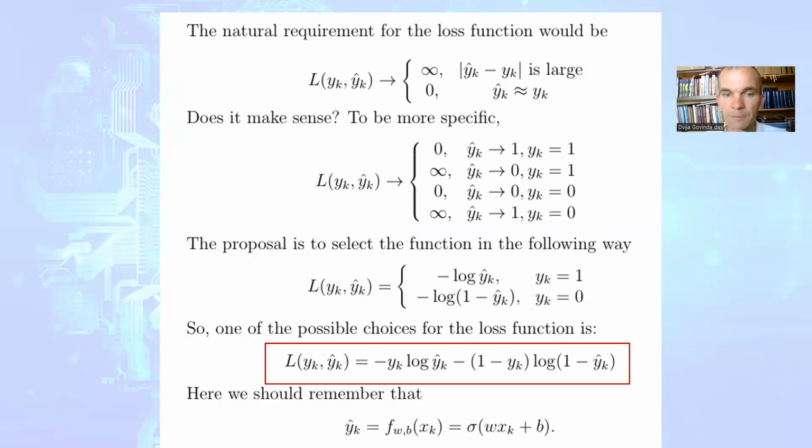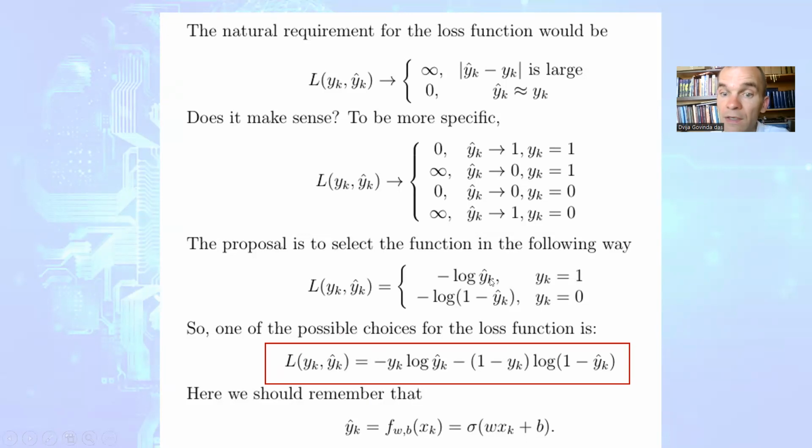And we can see that the following form of loss function is appropriate for this task. For example, when yk is equal to 1, if we select the loss function as minus the logarithm of yk hat, the predicted label, then if y hat is equal to 1, the logarithm of 1 is 0, so it's a good approximation.